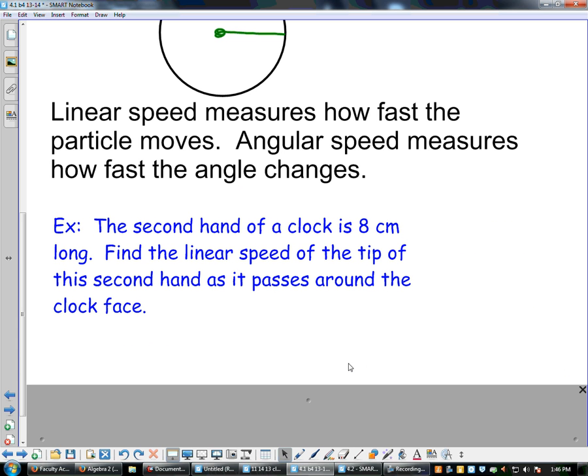The second hand of a clock is 8 centimeters long. Find the linear speed of the tip of this second hand as it passes around the clock face.